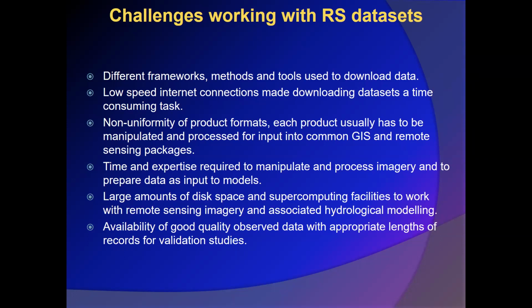Expertise is required to manipulate, process imagery, and prepare data as input into models. And I think this is something that I've seen being an educator and being in academia over the past 20 years or so. For me, I think there's a huge skills gap in terms of coding, people being able to actually do their own coding, learn the different types of machine languages so that they can incorporate the different technologies and actually adapt their models.